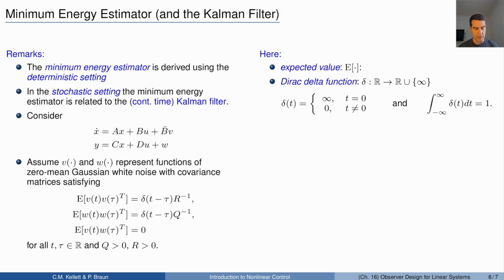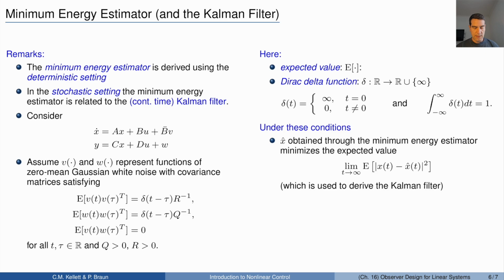So here R-1, Q-1, using the notation from the minimum energy estimator. And here, since this is Gaussian white noise, represented through the expected value and delta defining the Dirac delta function.